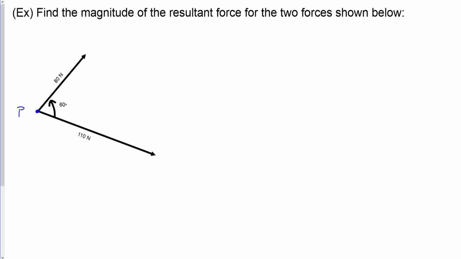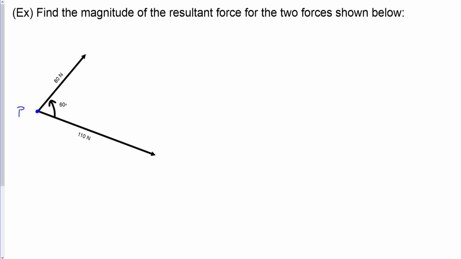So the resultant of the forces comes from effectively adding these vectors together. And in order to add these vectors together, we're going to have to either use that tail to tip method or the parallelogram rule.